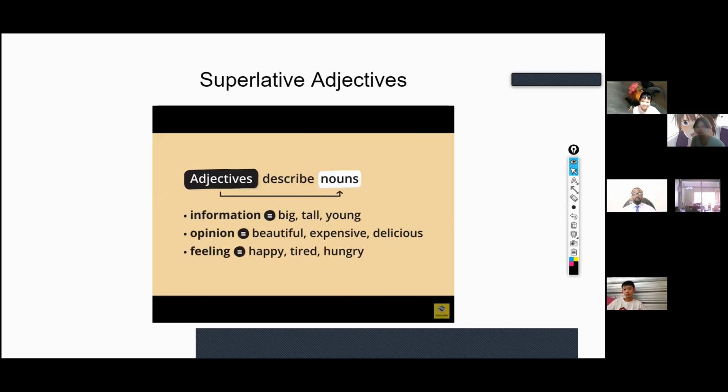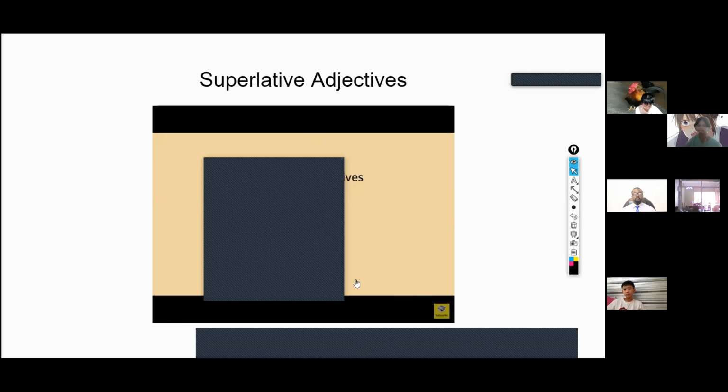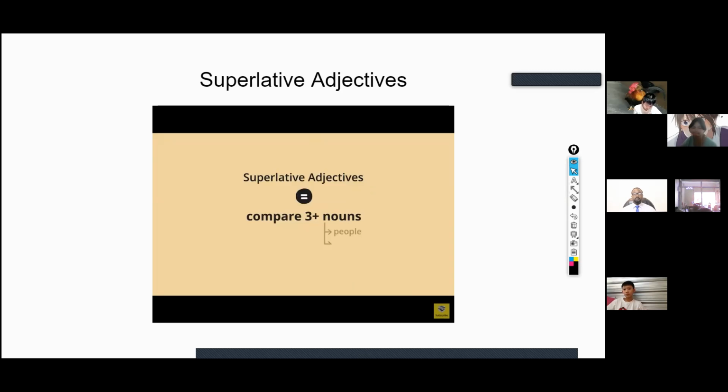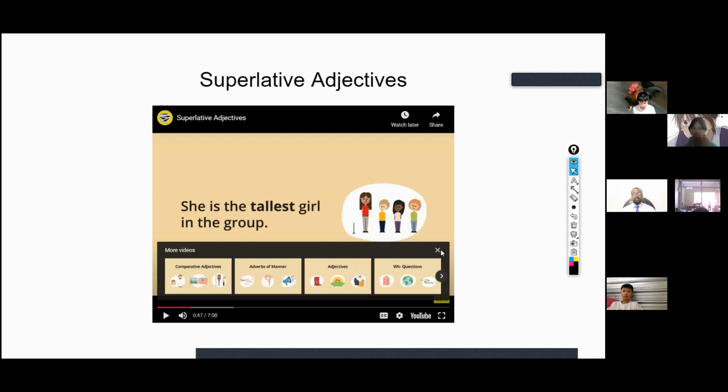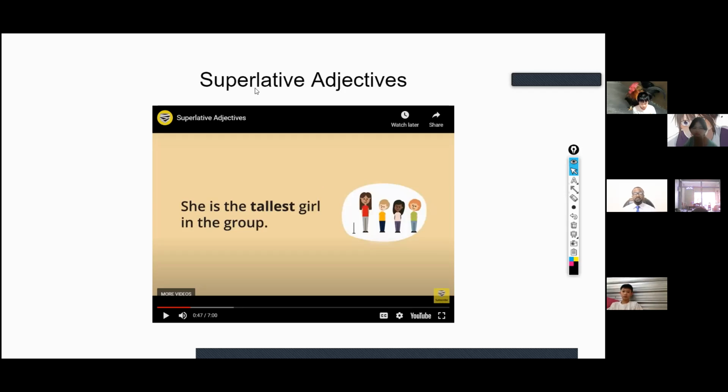We use superlative adjectives to compare three or more people, places, or things. Superlative adjectives tell us how one noun is different from the rest. For example, she is the tallest girl in the group. Okay, so a superlative is very similar to a comparative.